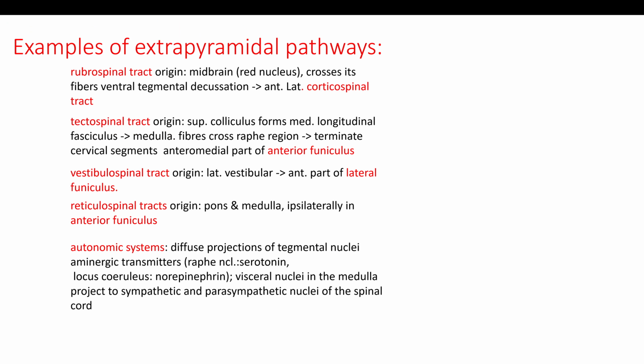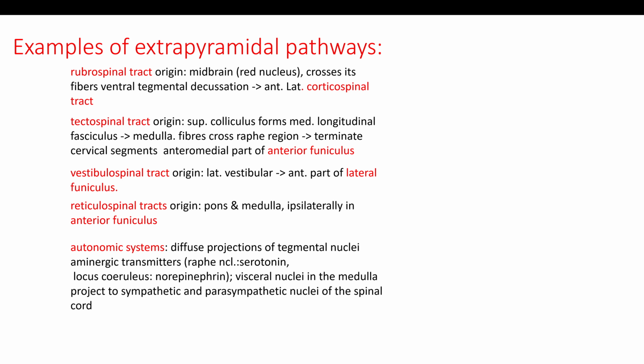Here are some more examples. The rubrospinal tract originates in the midbrain red nucleus, crosses in the ventral part of the tegmental decussation, and goes anteriorly to the lateral corticospinal tract. The tectospinal tract originates in the superior colliculus and forms the medial longitudinal fasciculus through the medulla.